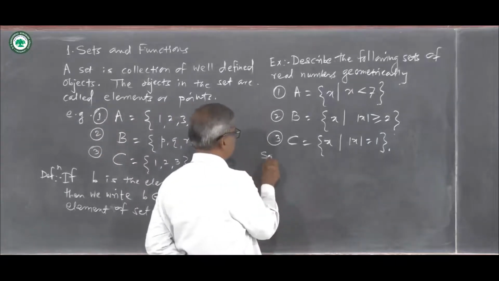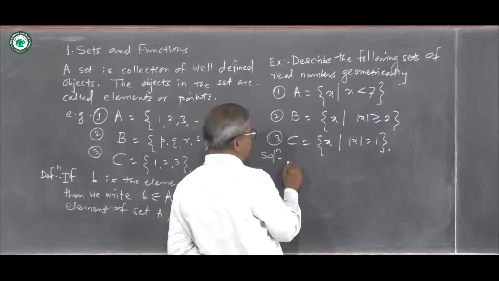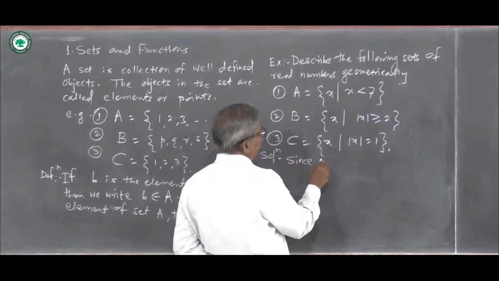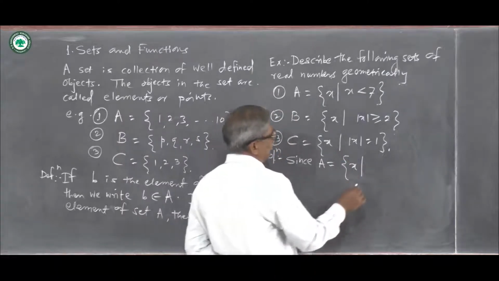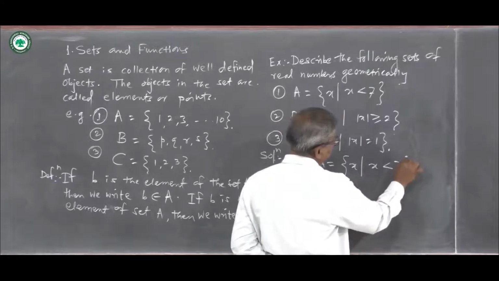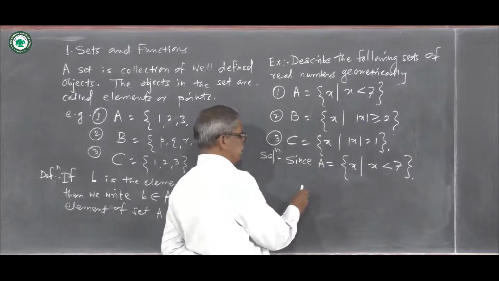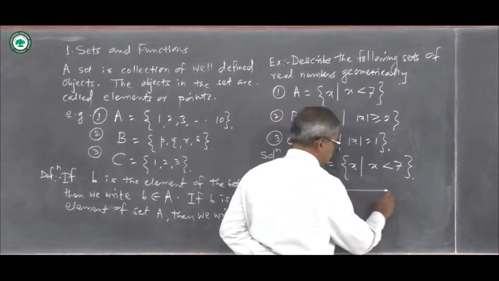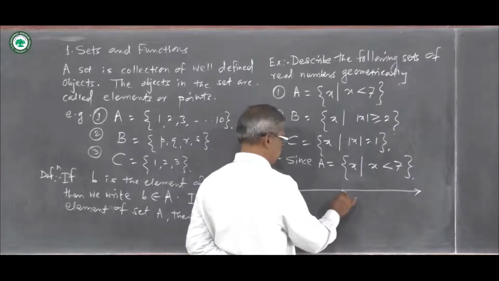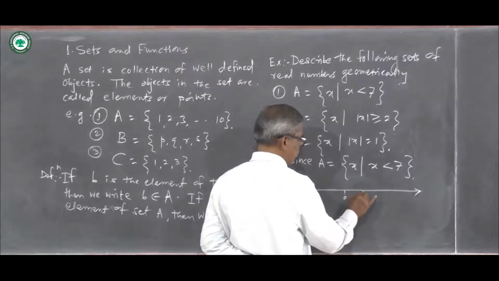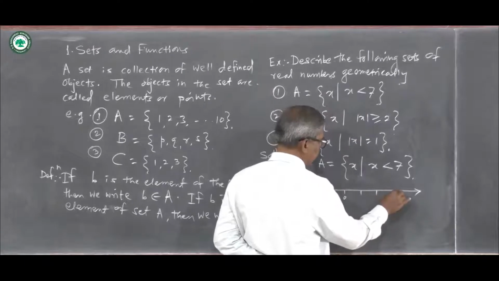Solution. Since capital A is the set of all x such that x is less than 7, on the real line, all numbers, this is say 0, 2, 4, 6 and 8.